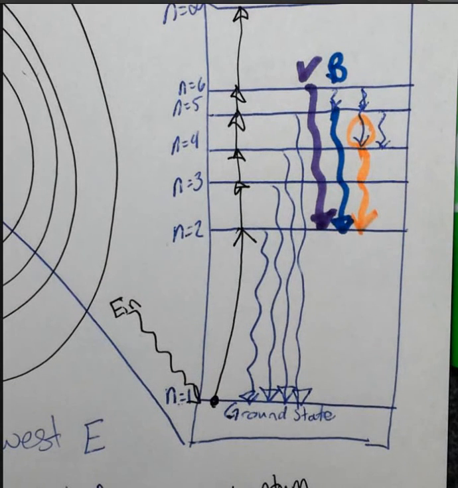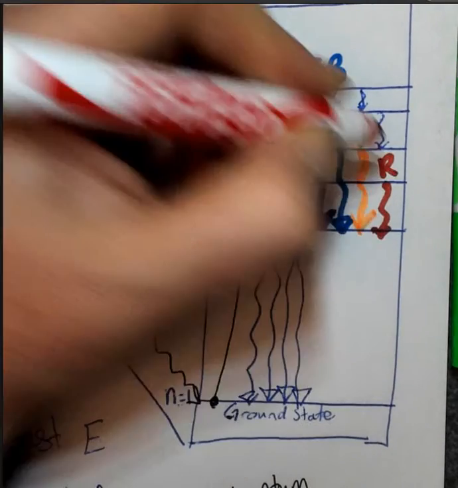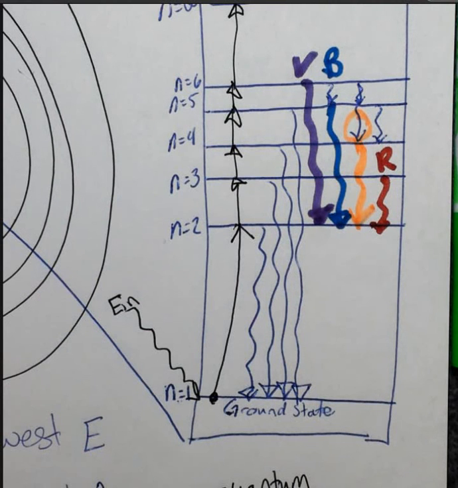Which of course means that the least amount of energy released produces the red light. They're the Goldilocks emissions.